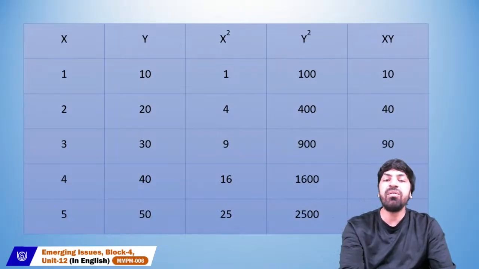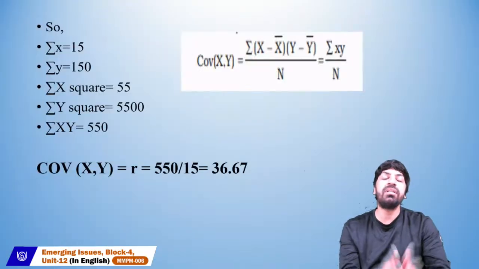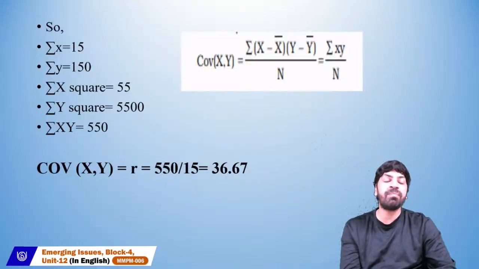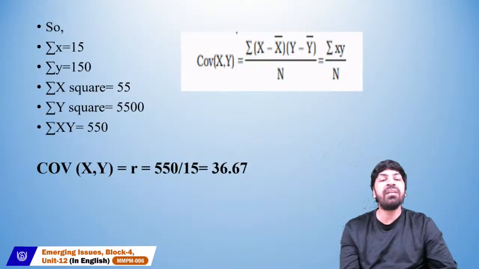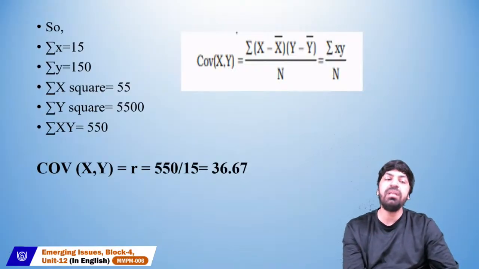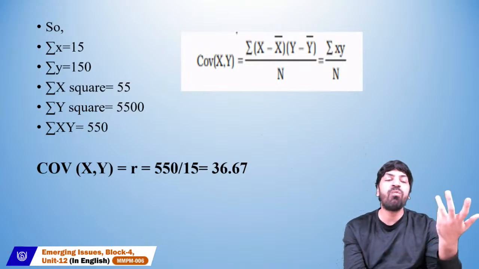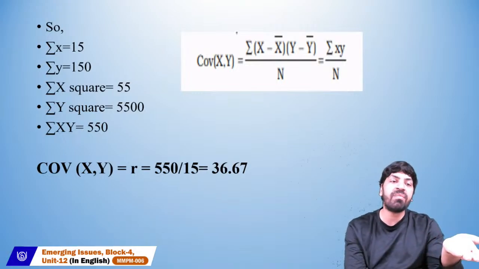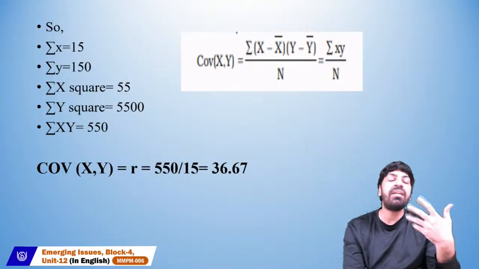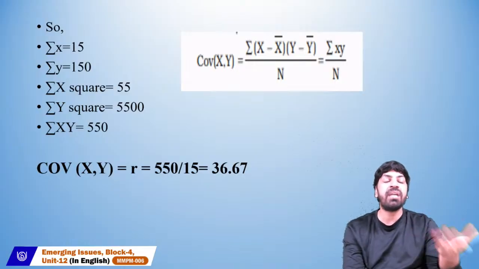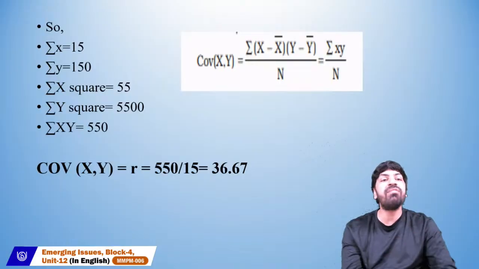So let's look up the values of the particular variables in the table: sigma x is 15 and sigma y is 150. The values given are 1 to 5, so sigma x is 15, and 10 to 50, so sigma y is 150.